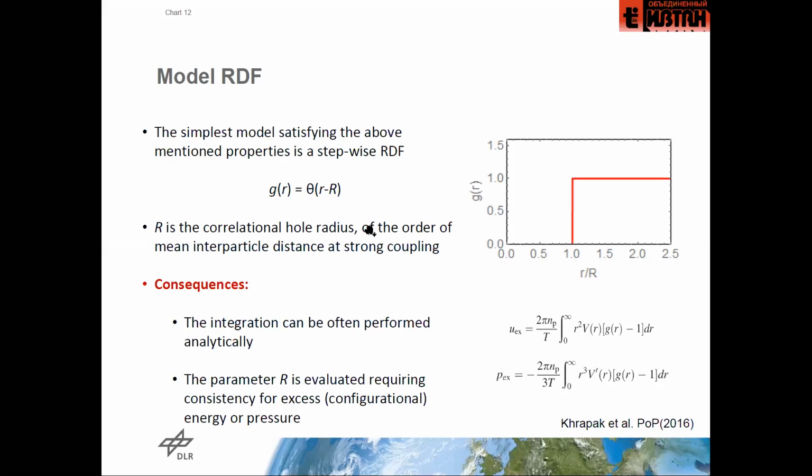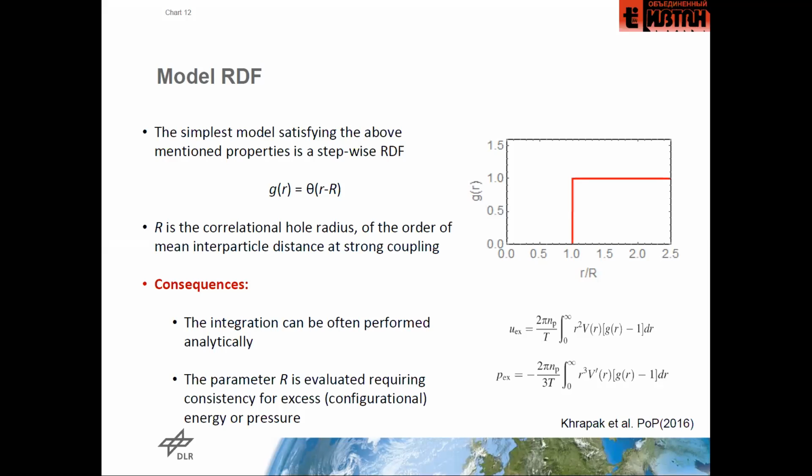The radius R in this context is a free parameter, but it's not really free because we fix it by requiring that this model RDF delivers a good approximation for either the excess internal energy or the excess pressure, using the energy or pressure equations from the liquid state theory.